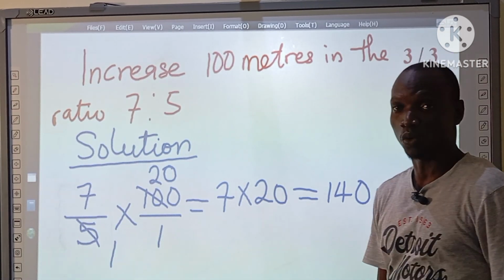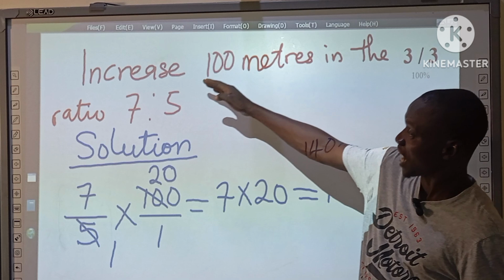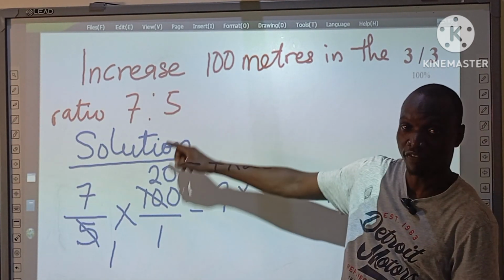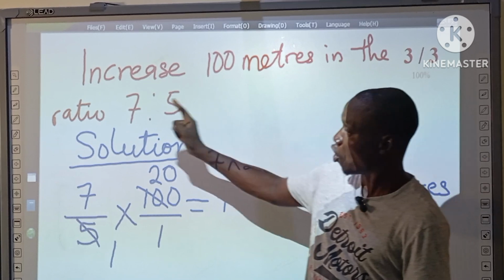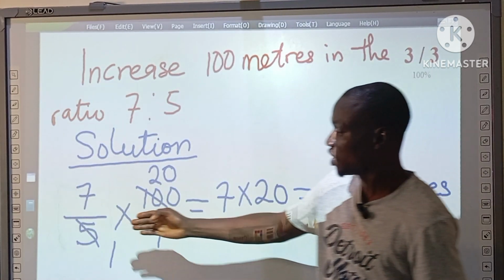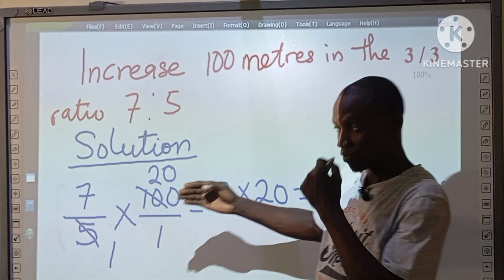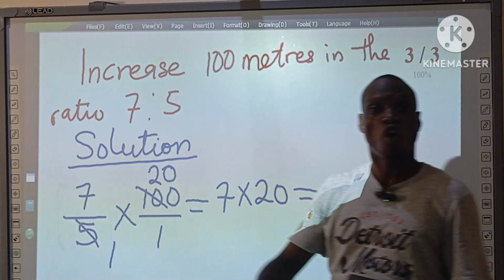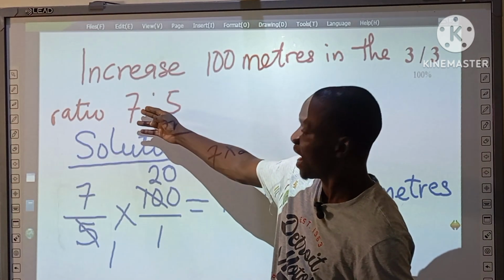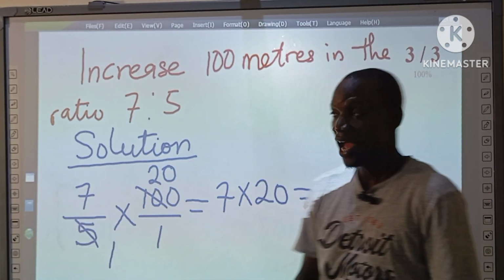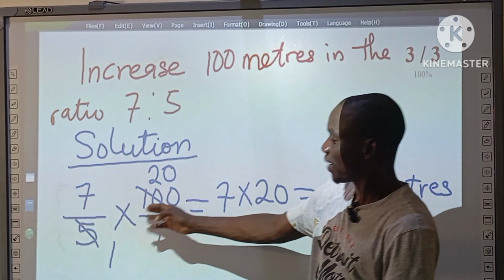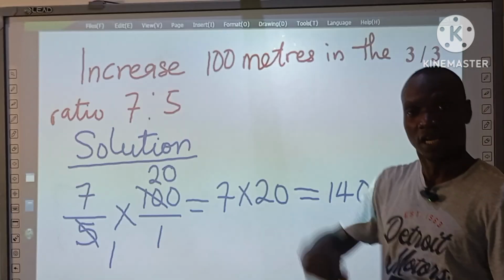So this is what you do. Remember, we were asked to increase 100 meters in the ratio 7:5. And we first of all write the ratio as a fraction. And in this case, because we are increasing, our fraction was an improper fraction. So we write the bigger ratio as our numerator and the smaller ratio as our denominator. We use it to multiply the quantity we were asked to what?